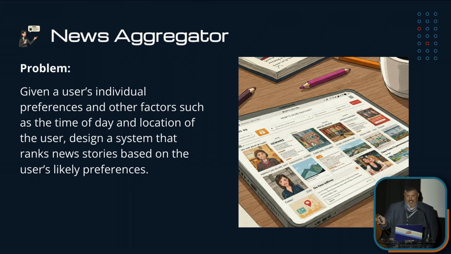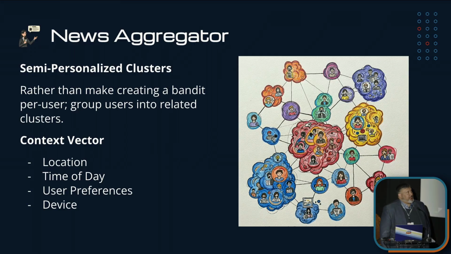All right, I'm running out of time, so I'm just going to quickly spin through these last 2 examples. The news aggregator: we want to rank or provide interesting news results to the user based on their preferences. Just talking about simple solutions here, we need to figure out how to develop policies.